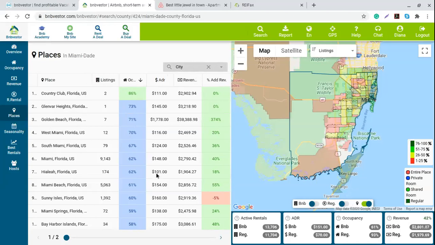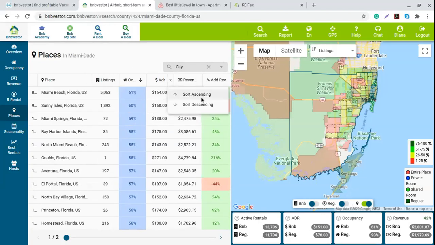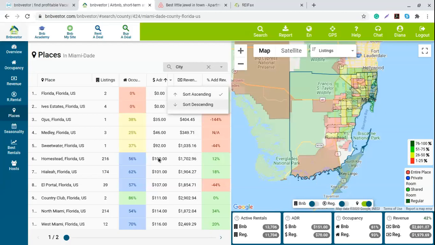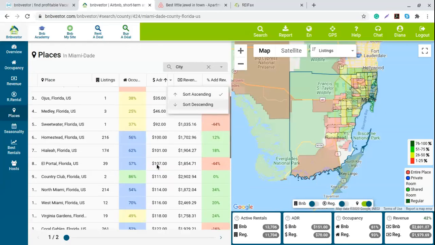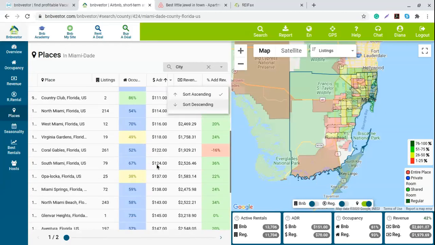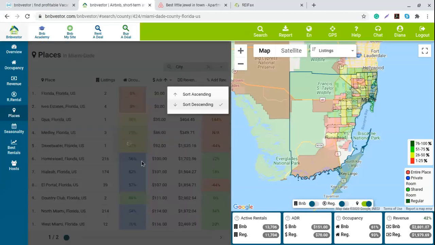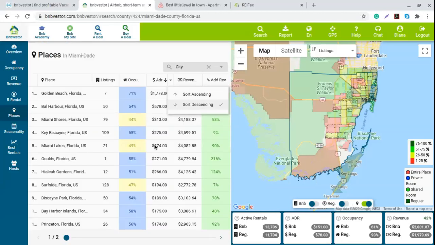Which are the ones that are asking more than others? So click on sort ascending or sort descending to see which are the areas that are asking more than others. You can see them right here, or if you sort this descending, then you will also see it like that. Of course, let me scroll up. This one right here, the value is really big for an average daily rate.